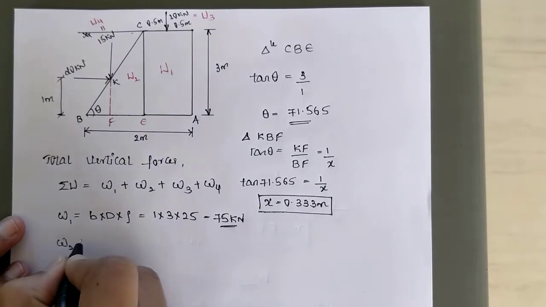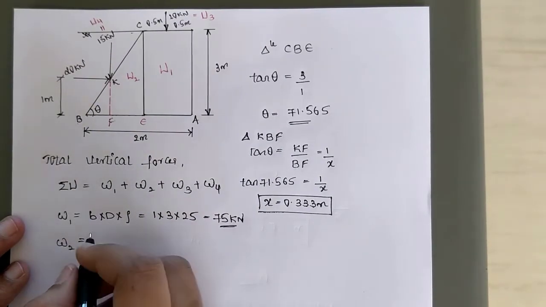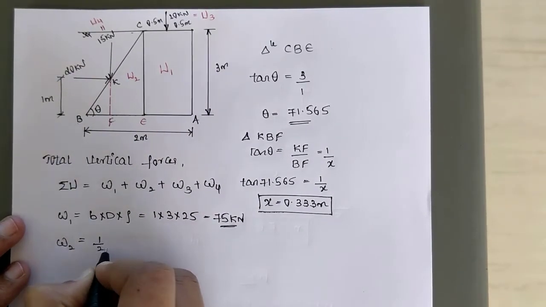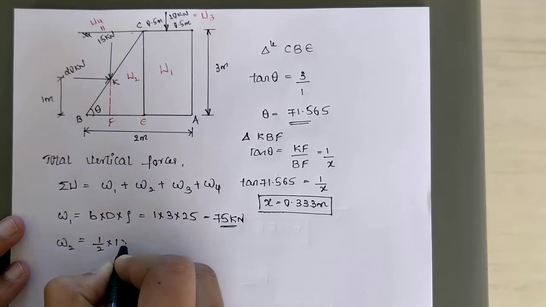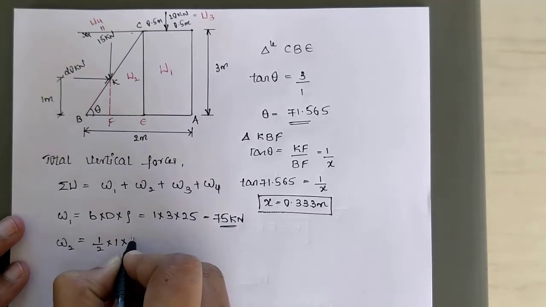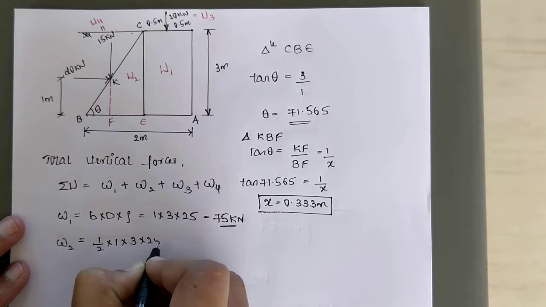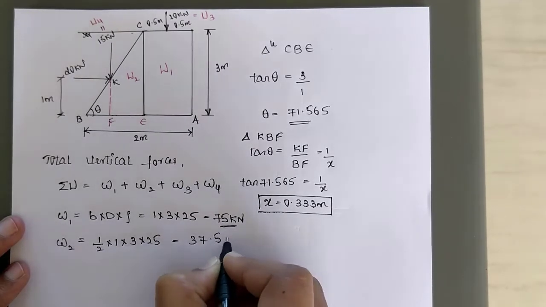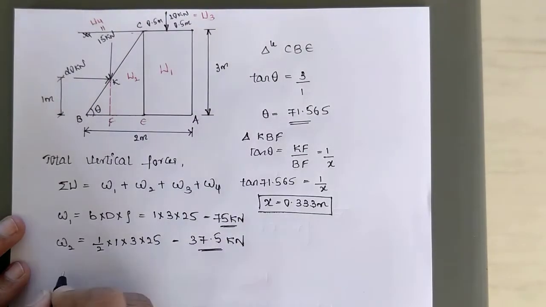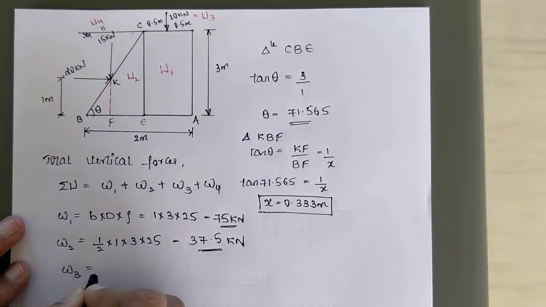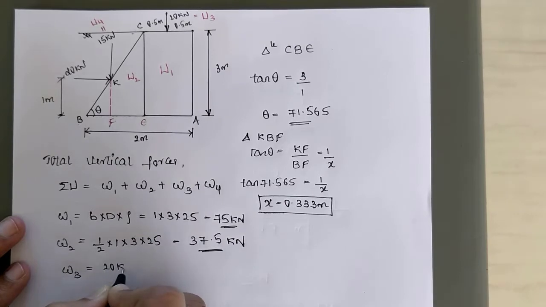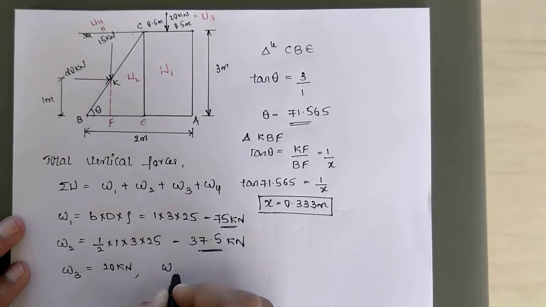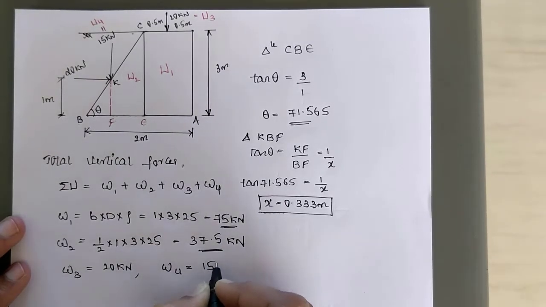Similarly, calculate W2. It is a triangular portion, so area multiplied by its density. Half into base value 1 into height value 3 multiplied by density 25, you will get 37.5 kilonewton. Then the W3 value is given in the problem, that is 20 kilonewton, and W4 is 15 kilonewton.